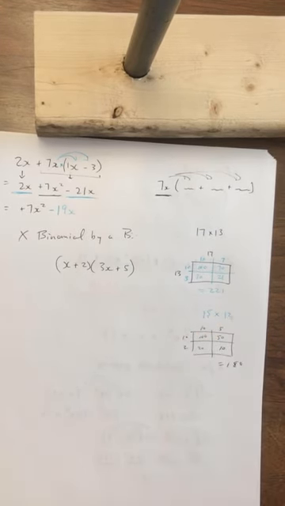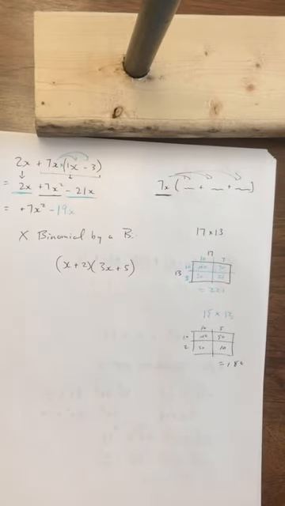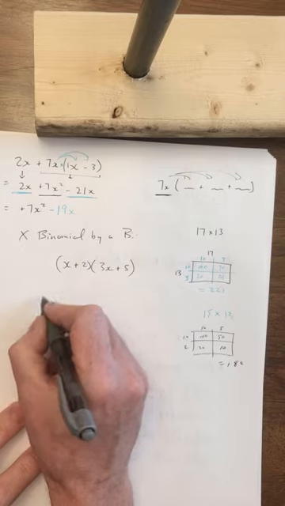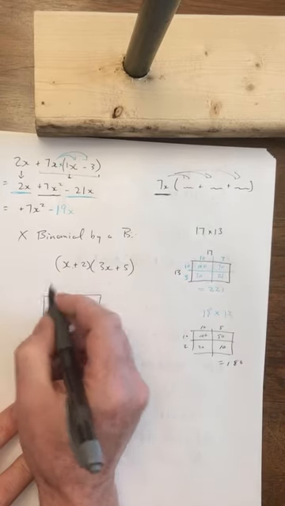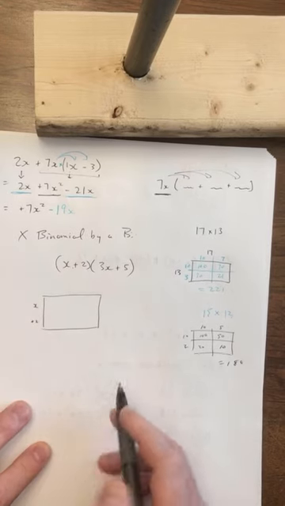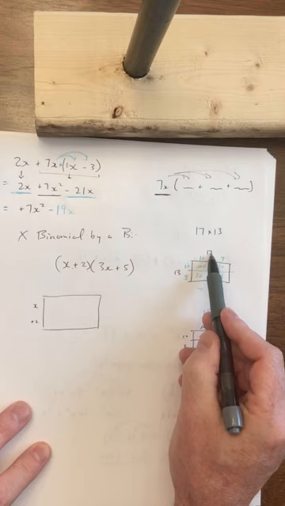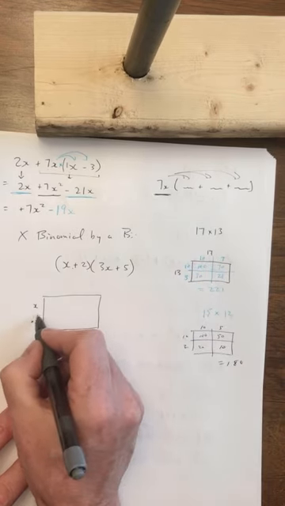We can use that same concept for doing these, because I have a binomial times a binomial here. So one way that we can do it is the same as this. I can do x plus 2. But what I'm going to do is, the same way I took my 17 and I broke it up into a 10 and a 7, I'm going to break it up by term.